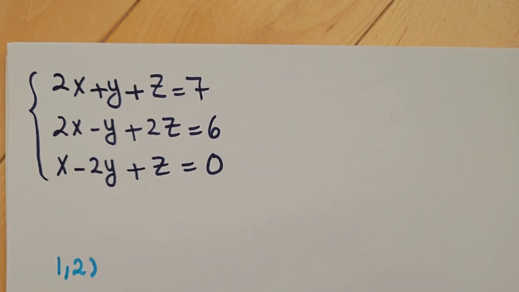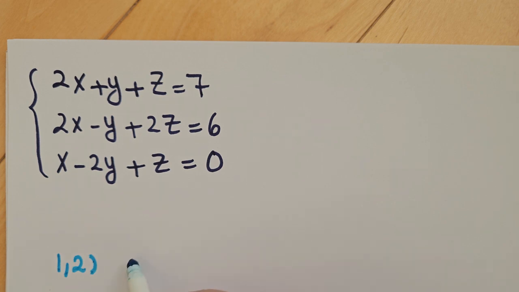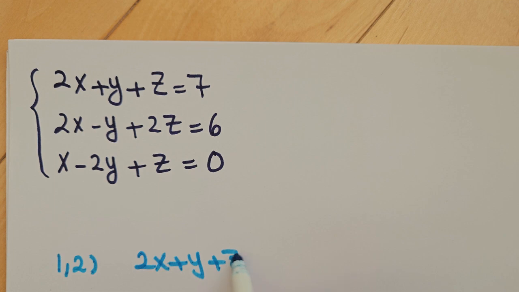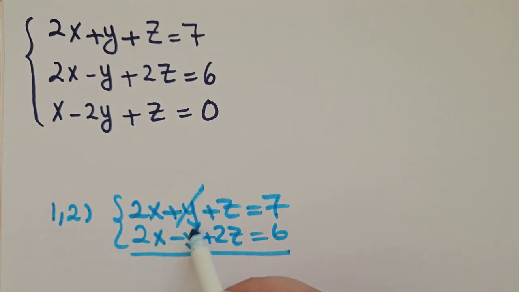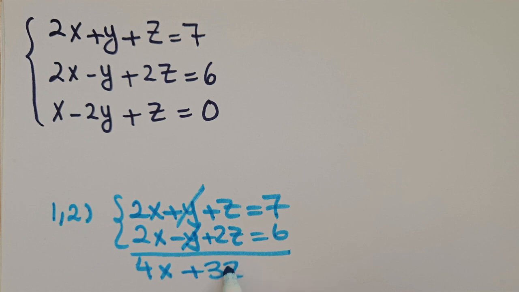So I would consider equations 1 and 2: 2x plus y plus z is equal to 7. The second one is 2x minus y plus 2z, equal to 6. Now I will eliminate y as I just mentioned.